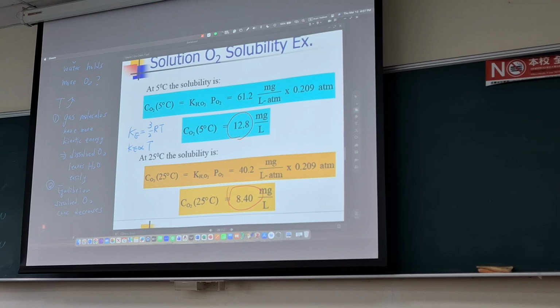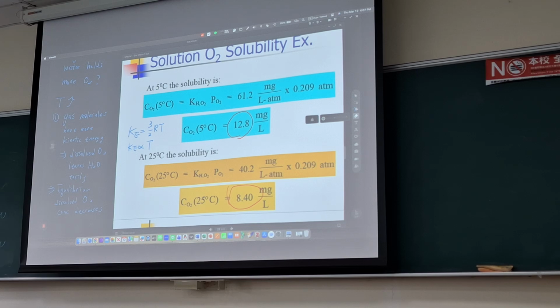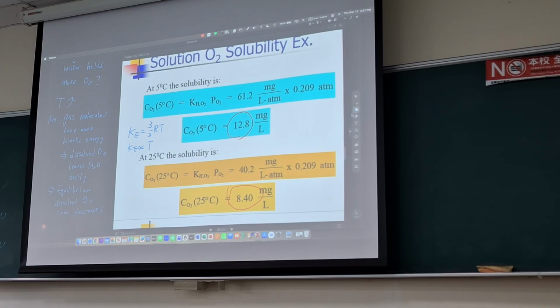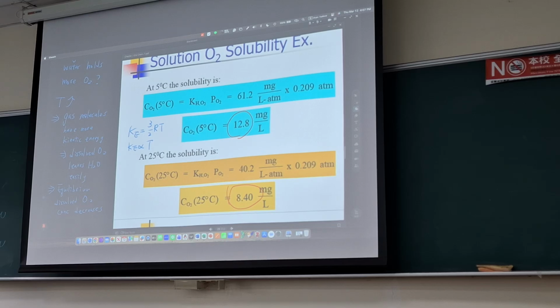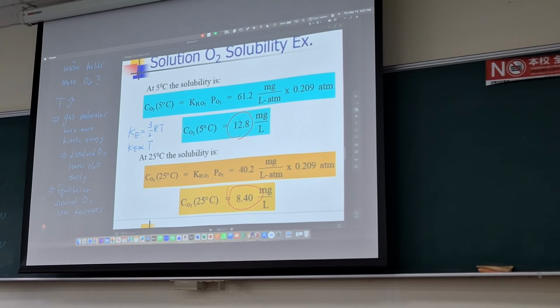As temperature increases, the gas molecules have more kinetic energy, leading the dissolved oxygen to leave the water easily. Let me change this to the answer. As temperature increases, the gas molecules have more kinetic energy, and the dissolved oxygen leaves the water surface easily.